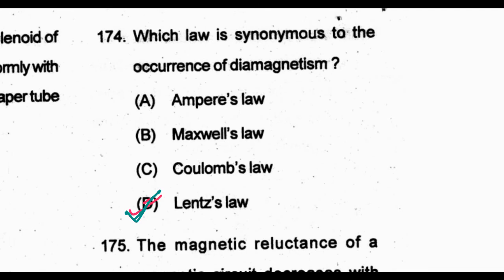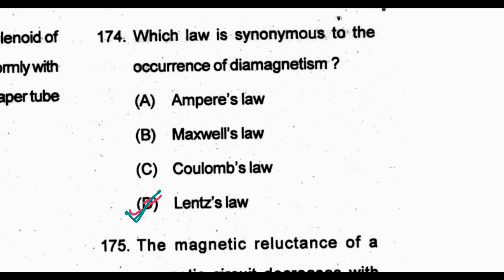And in case of diamagnetic materials, what happens? The spins of electrons cancel each other to be neutral, so it is called a diamagnetic material. When the diamagnetic material is placed in a magnetic field, the spins of the electrons of that material oppose the cause.